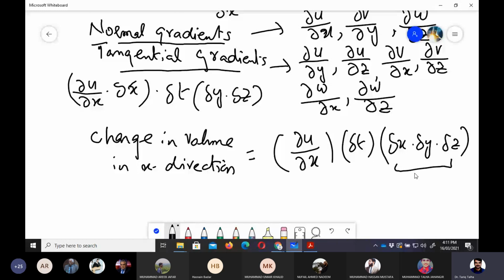What is this? This is the initial differential control volume of the element. So we have got the change in volume in x direction.